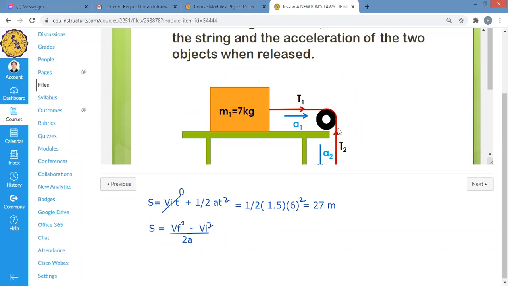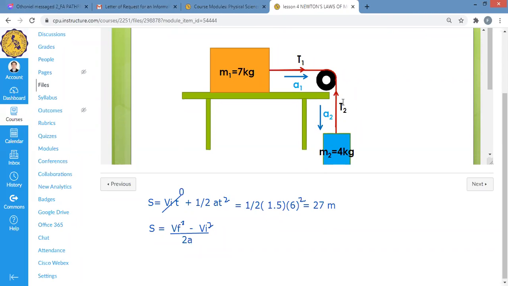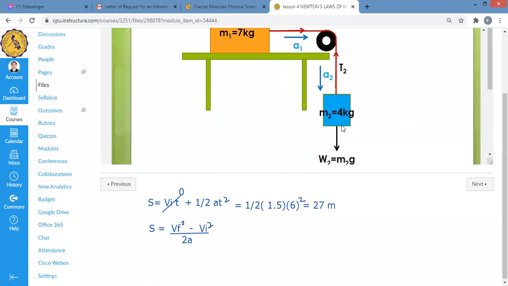Therefore, the tensions T1 and T2 should be equal in value, though opposite in direction. So tension 1 and tension 2 must be the same.